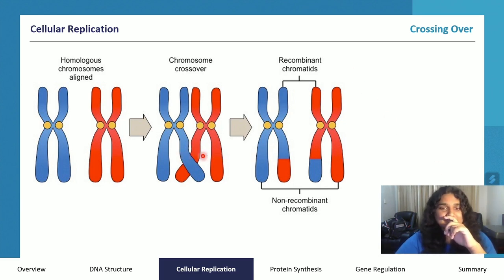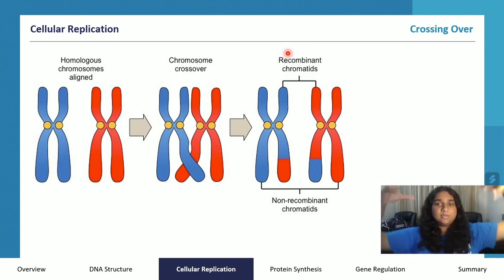So this leg that is overlapping here, the overlapping section of the blue will belong now to the red chromosome, and the overlapping section of the red will now belong to the blue chromosome. These form something called recombinant chromatids, where basically the 2 copies of DNA have a combination of both the mother's DNA and the father's DNA on both chromatids.